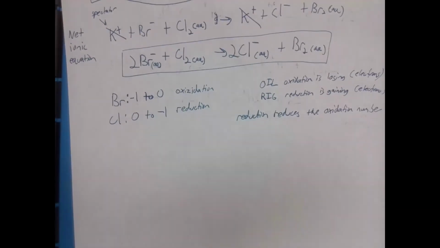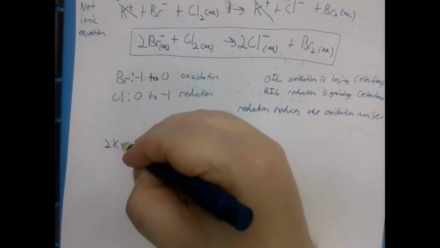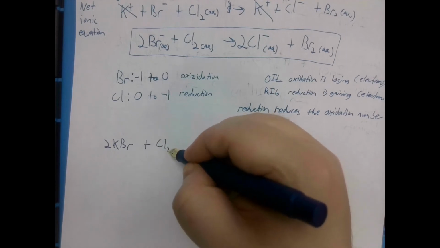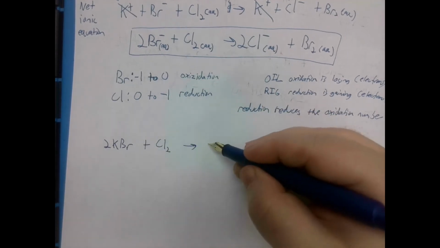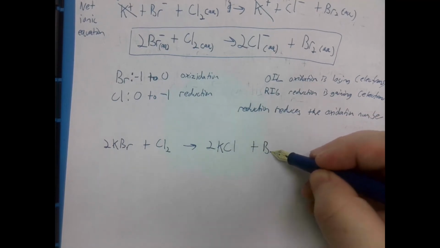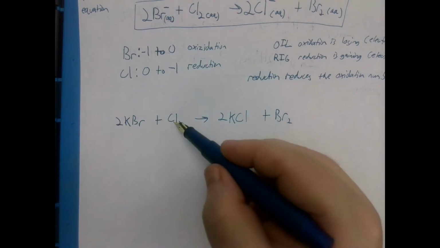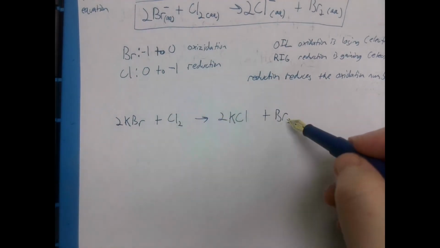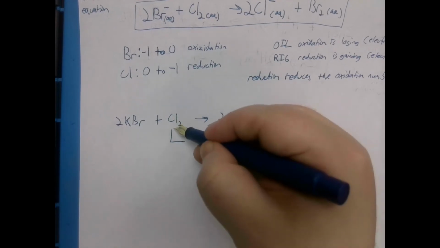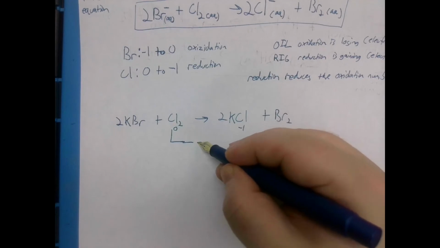So if you're really practiced, I'll write down the formula and ignore the aqueous. You can see that chlorine has 0 and -1. So that means we're going from 0 to -1 by subtraction.